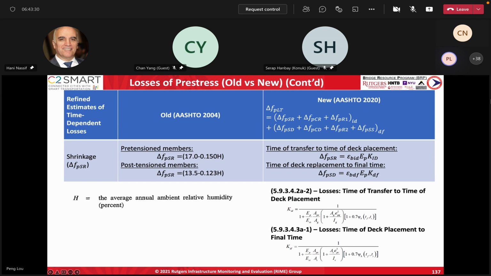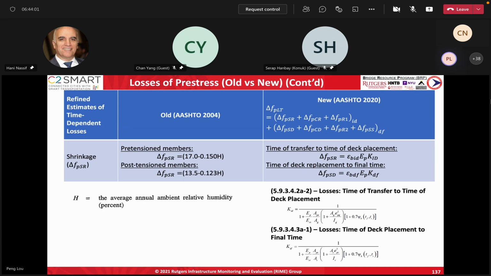Another thing you need to pay attention to is that there are really two stages of losses for each of those time-dependent losses. The first stage is the time from your transfer to your deck placement, and the second is from the time of deck placement to the final time, after the losses have stabilized.